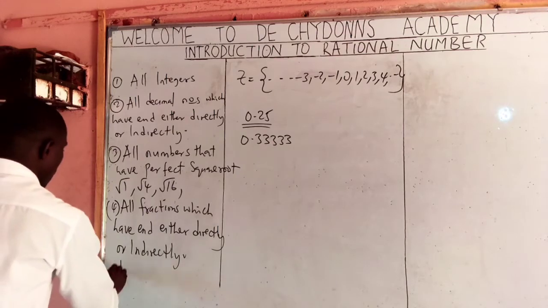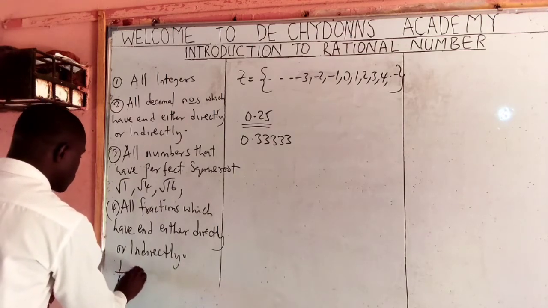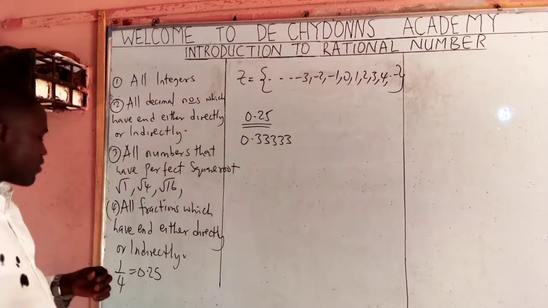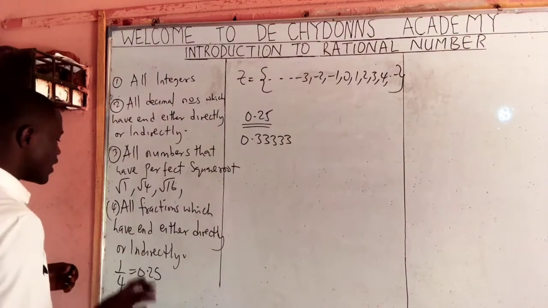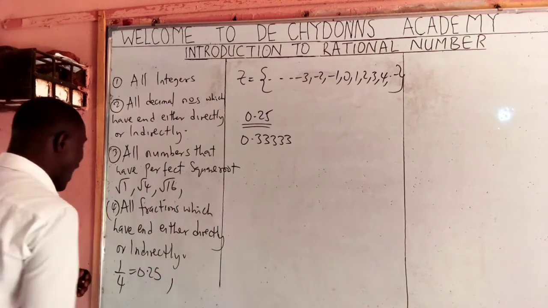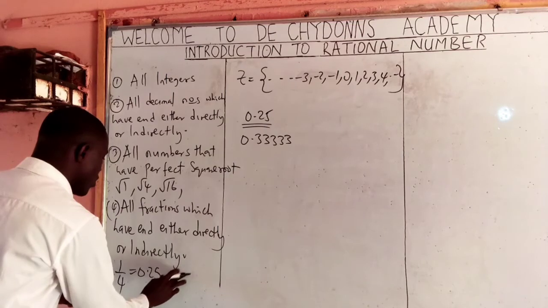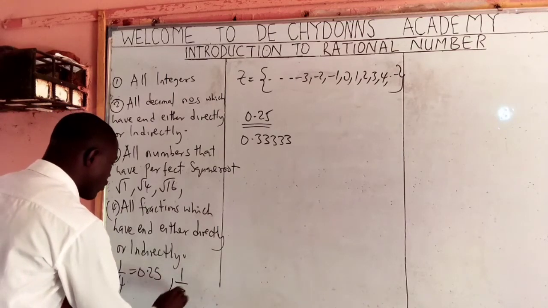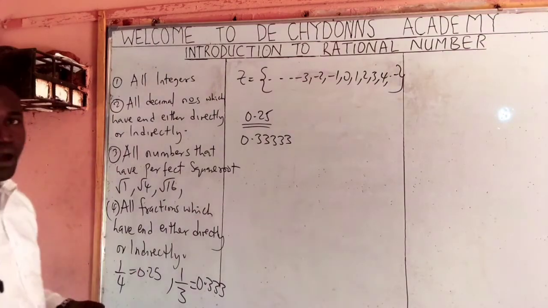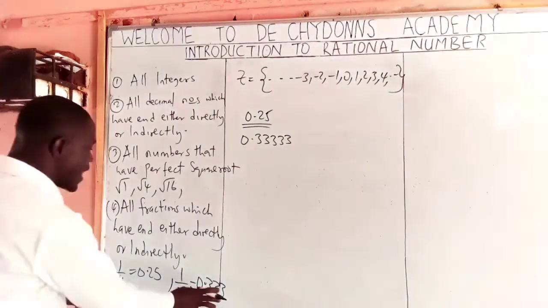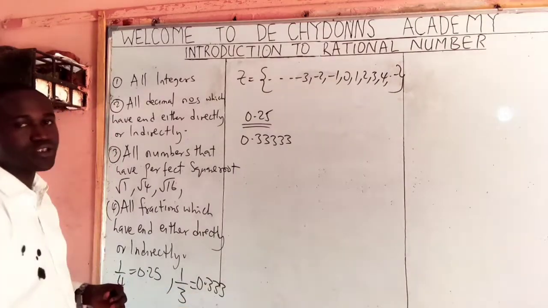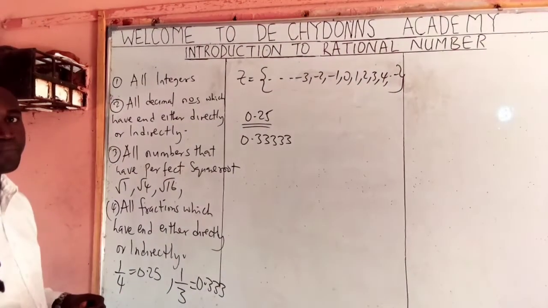Take for instance, 1/4 will give you 0.25 straight without having a remainder. So the implication is that it is a rational number. When you have 1/3, 1/3 will give you 0.333. It is a rational number. Why? Because it has an end indirectly. Because it will just be continuing with 3, so it can be expressed as a fraction.